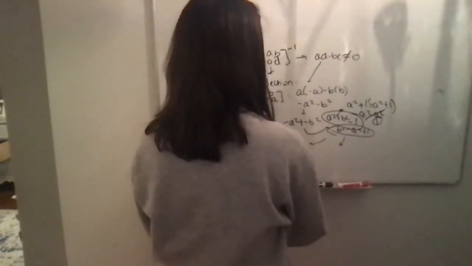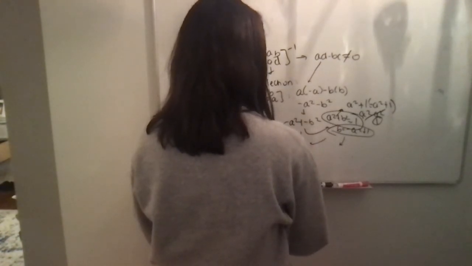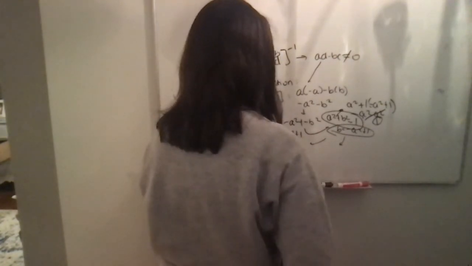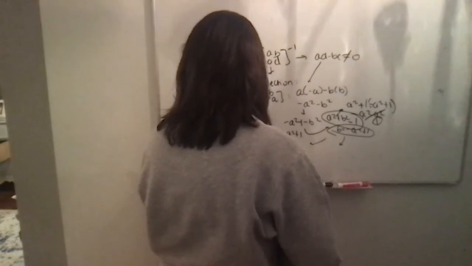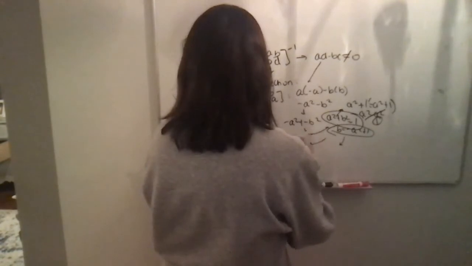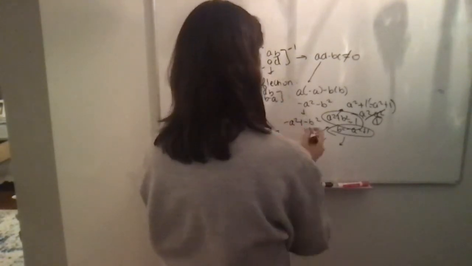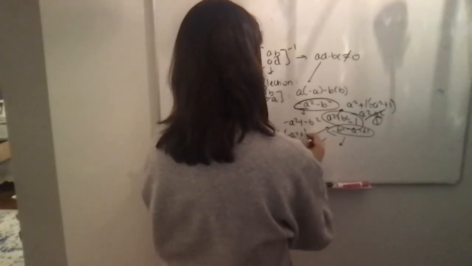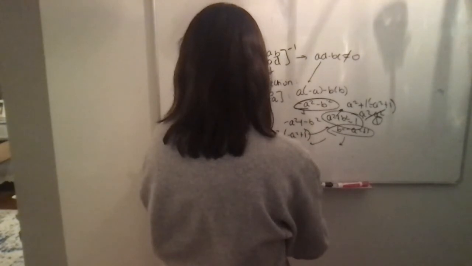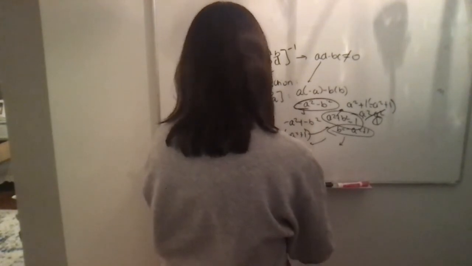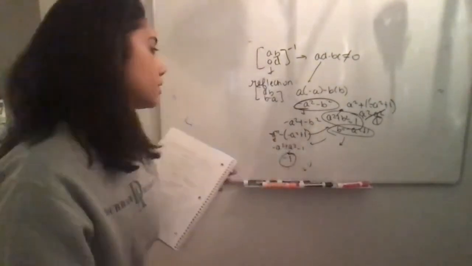If we know that's true, we've got negative A squared minus, negative A squared plus 1, right? So that's going to cancel out to negative A squared plus A squared minus 1, which is going to give us -1, which is invertible because it doesn't equal 0.